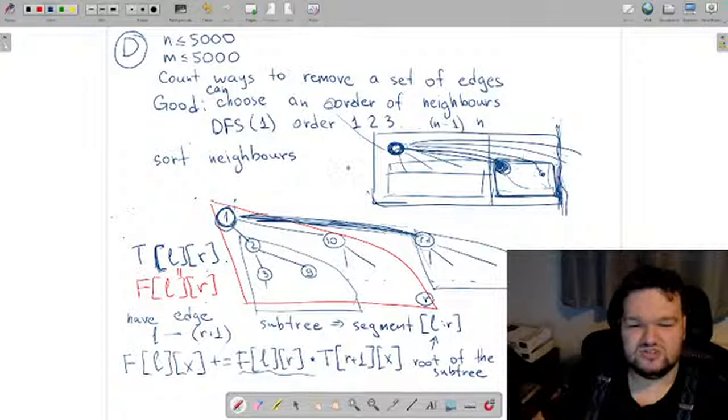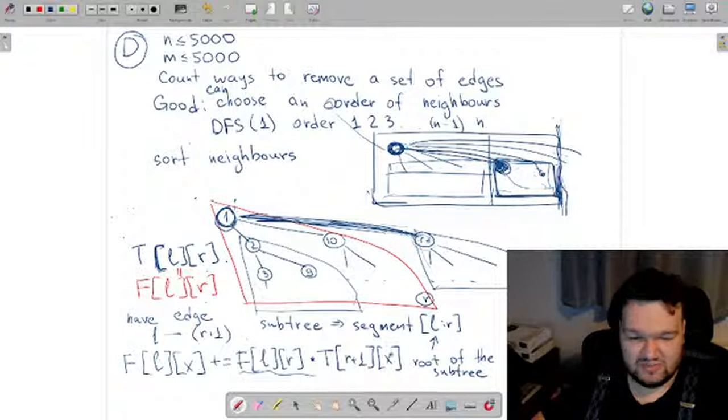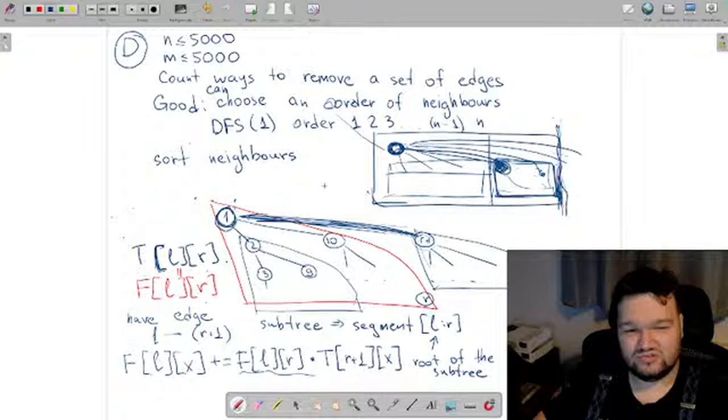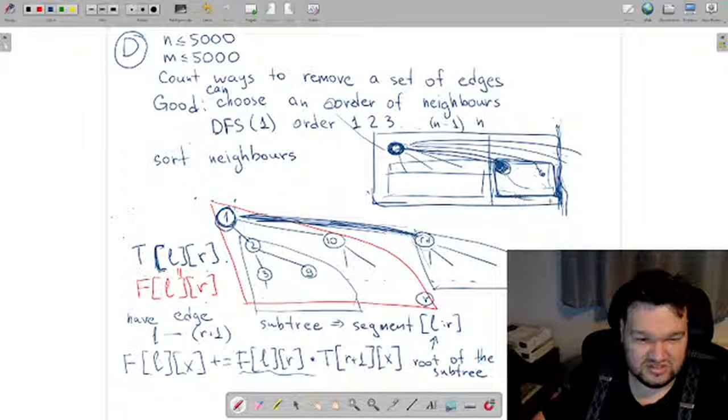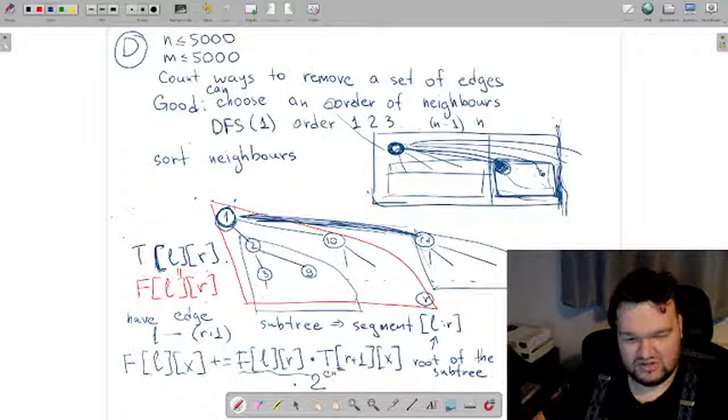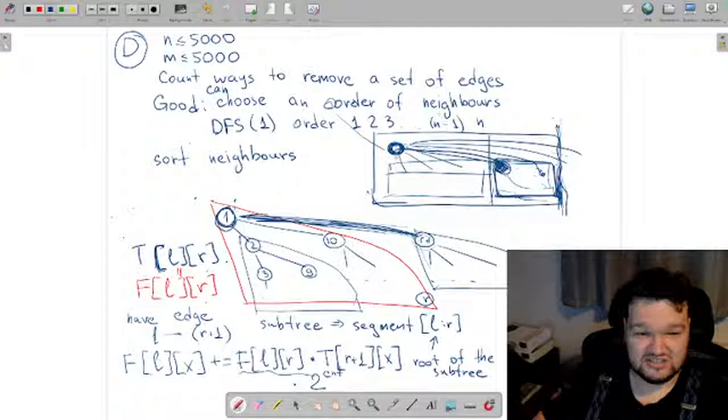So we just need to multiply this by 2 to the power of the number of edges to this segment. So in this transition we also need to multiply by 2 to the power of CNT, where CNT is the number of edges from this vertex to this segment, like from r plus 1 to x.